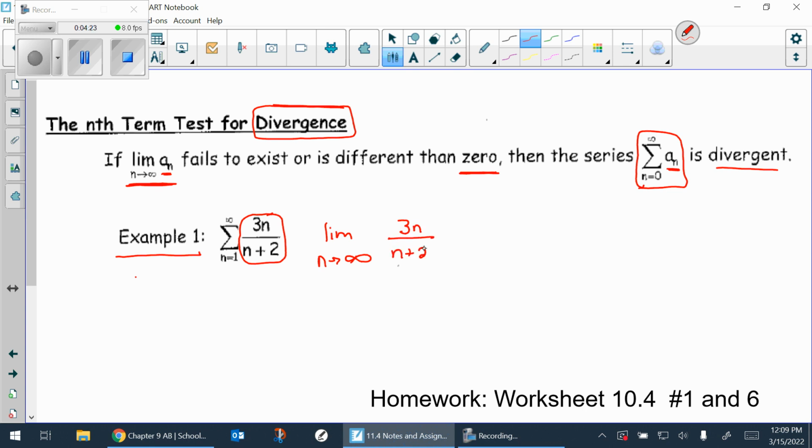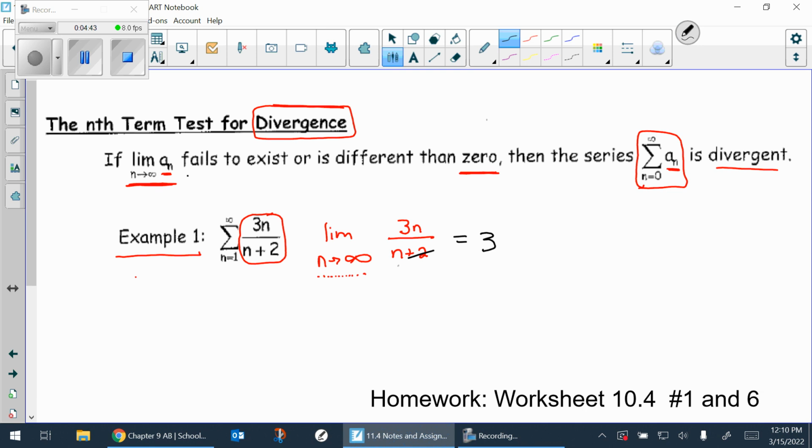So we go back to the beginning of the year where we were talking about limits approaching infinity and how you can cross off insignificant things. If I cross off this insignificant thing, then this limit is equal to 3.